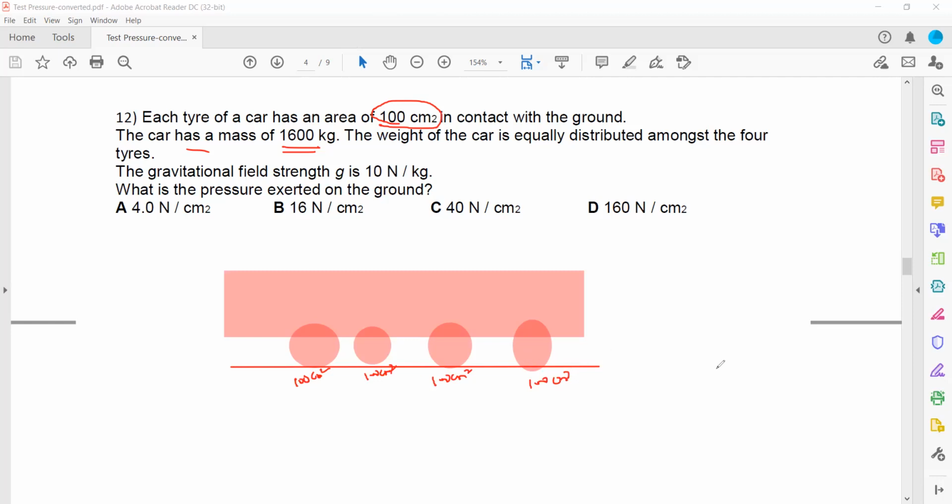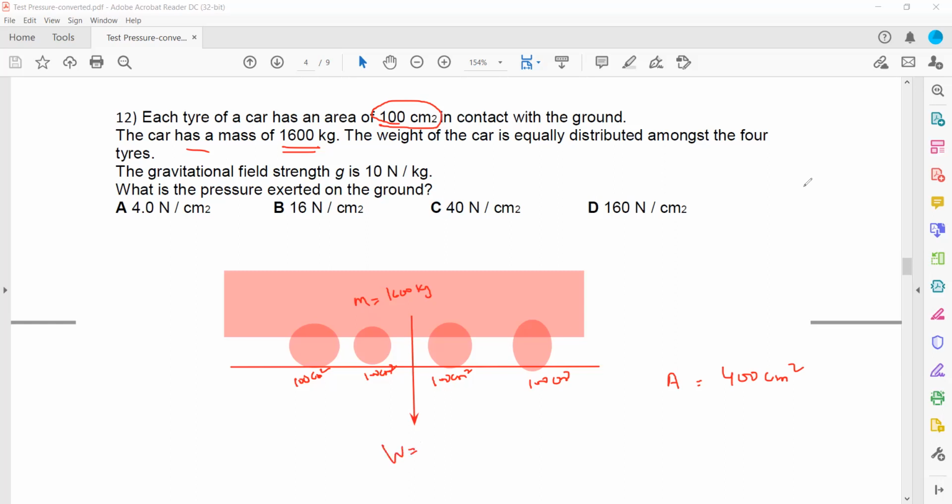So what is the total area in contact? That will be equal to 400 centimeters square. That's the total area of the car tires which is in contact with the surface. Then the mass of the car is 1600 kilogram. But mass is not the force, the weight is the force. So what will be the weight of the car, the force of the car on the surface?